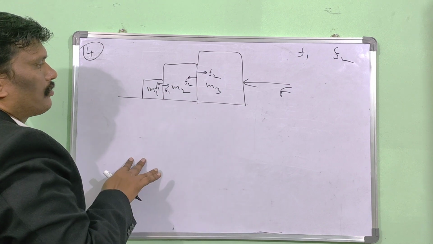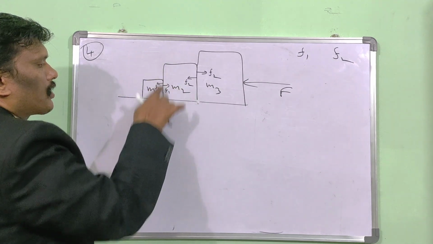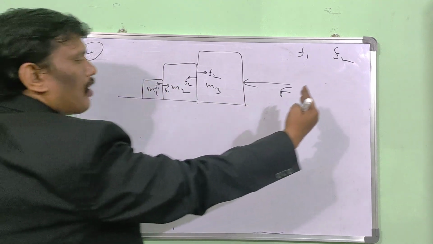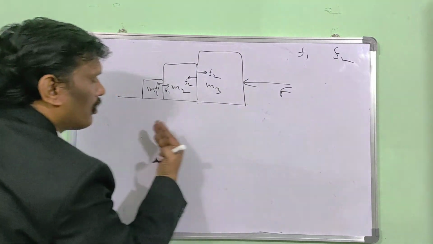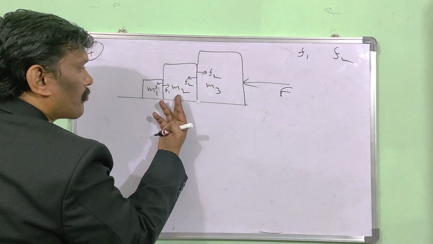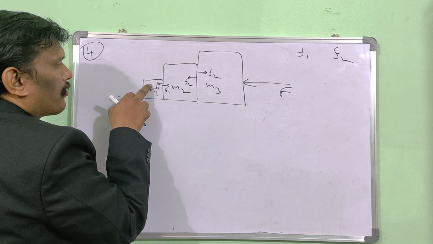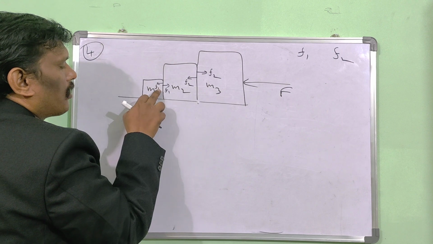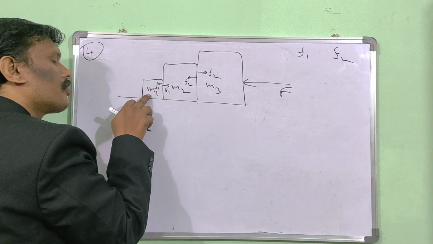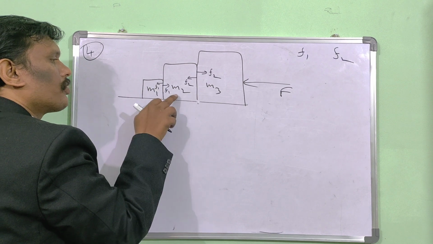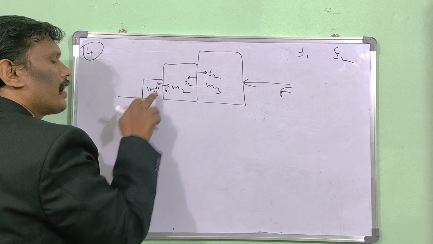This is the situation. At the first contact, force is applied in this direction. Force pushes the blocks in this direction. At that time, M2 pushes M1 with the F1 contact force. That's why M1 experiences contact force F1. At the same time, according to Newton's law, M1 also applies an equal and opposite force on M2. That's why F1 has equal magnitude and opposite direction.